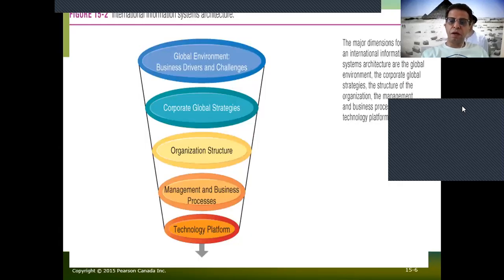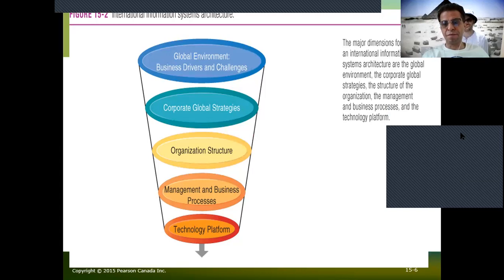So the major dimensions for developing an international information system architecture are the global environment, the business drivers and challenges. The second part is the corporate global strategy.